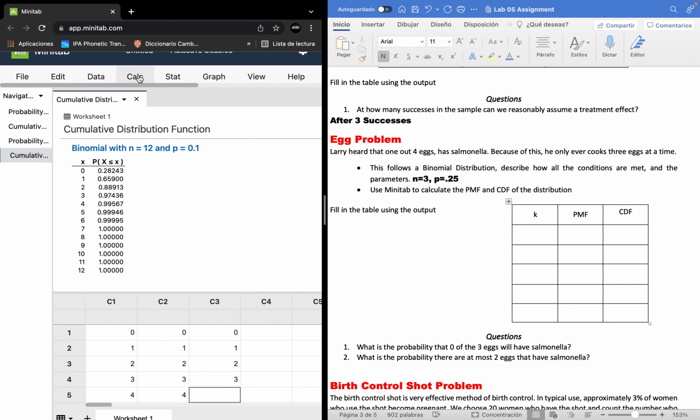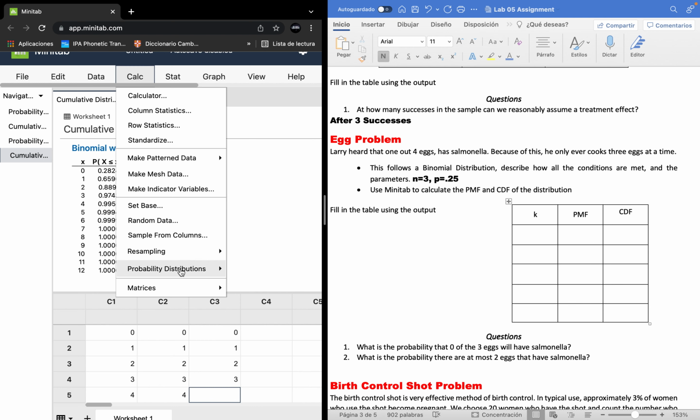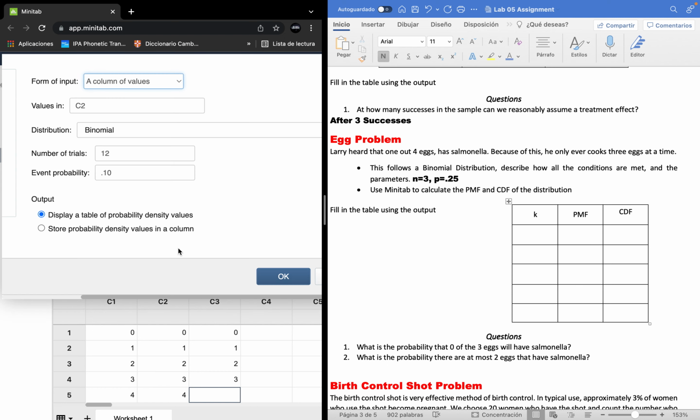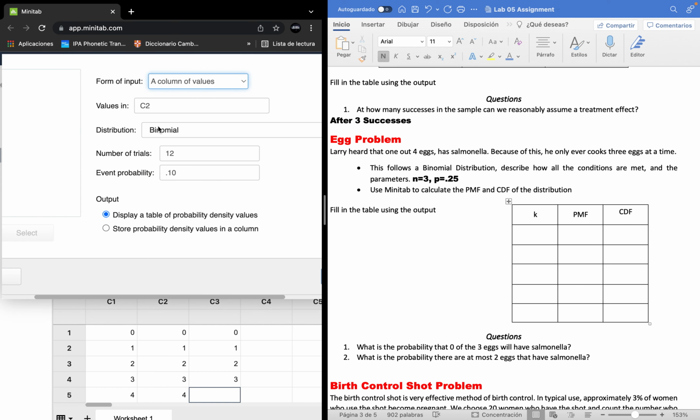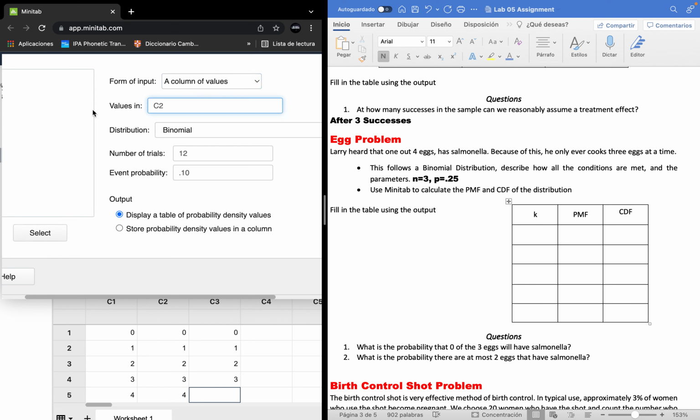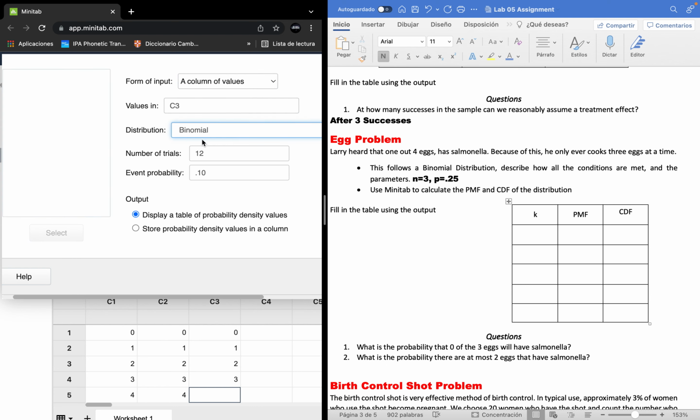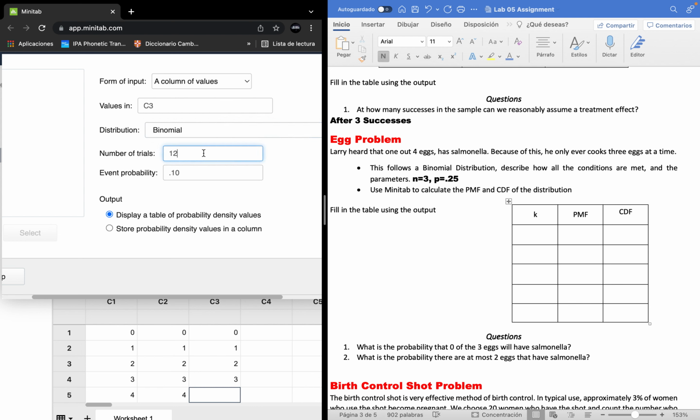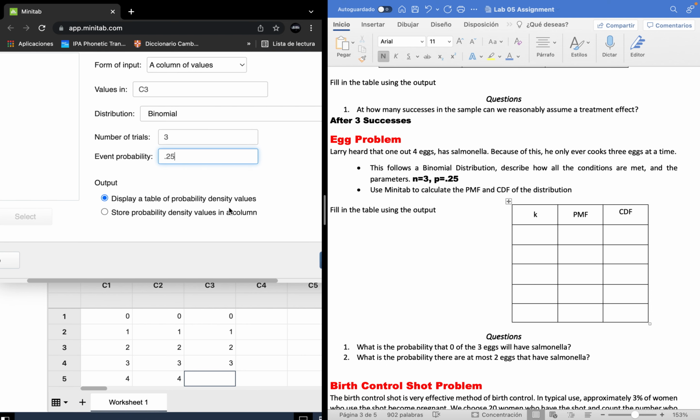Then repeat the process. Calc, probability distributions, probability density function, binomial. Be careful here. Now the values are stored, they're coming from C3. Binomial, how many trials? n is equal to 3. And change the probability to 0.25.